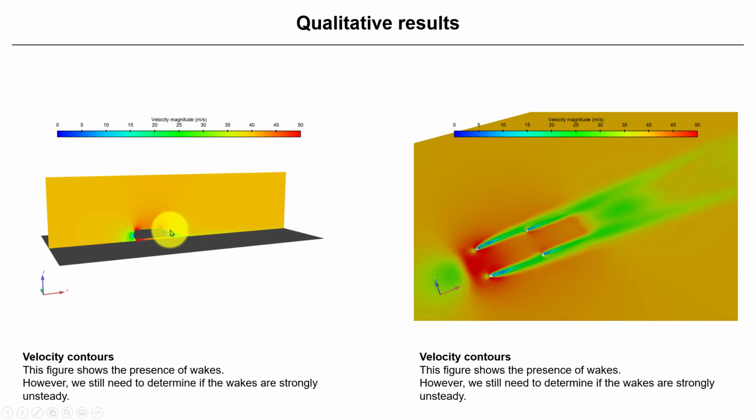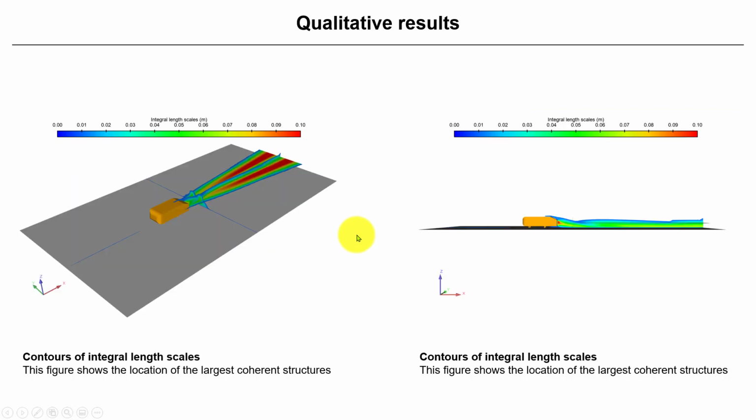See here also that in the rear part of the body you have this separation. It might be strongly unsteady, or it might be, let's say, mildly unsteady. Okay, so maybe the hypothesis of steadiness is a good one here. Okay, you will need to assess that.